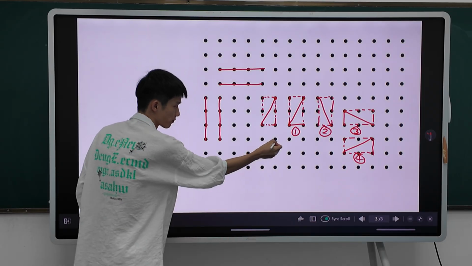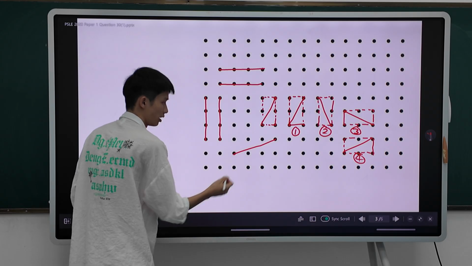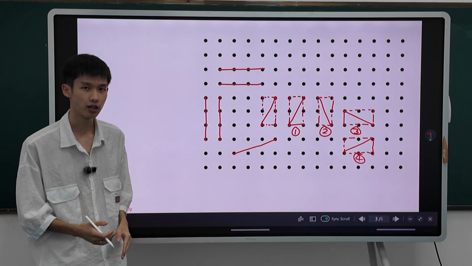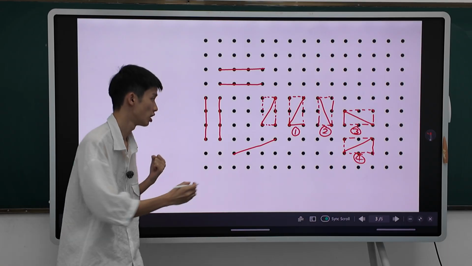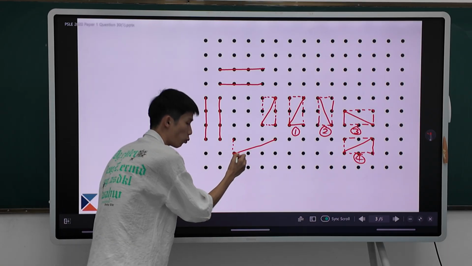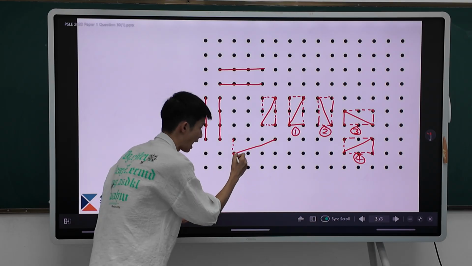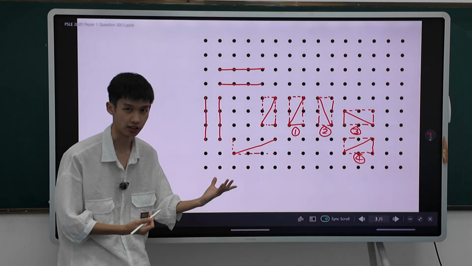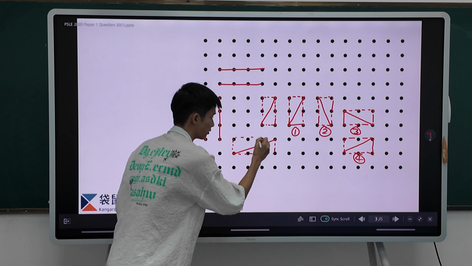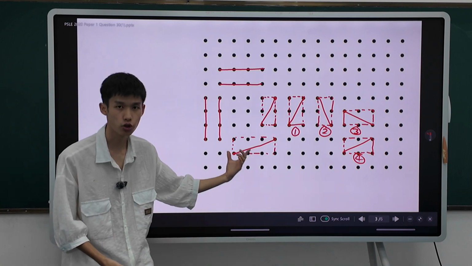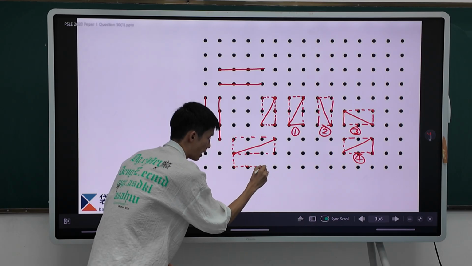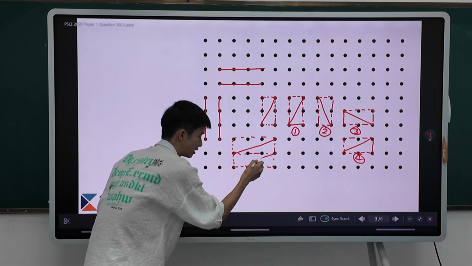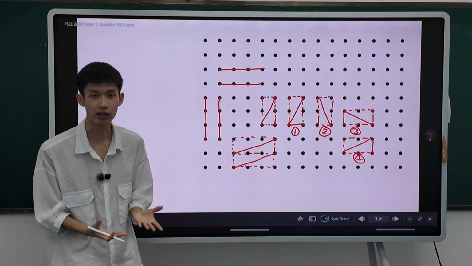For example, over here, this slanted line forms what size rectangle? Yes, let's draw it. We can form 1 unit vertically and 3 units horizontally, so a 1 by 3 rectangle. By copying this to draw the parallel line, we can draw a 1 by 3 rectangle and then connect the same diagonal. That's how we draw parallel lines.